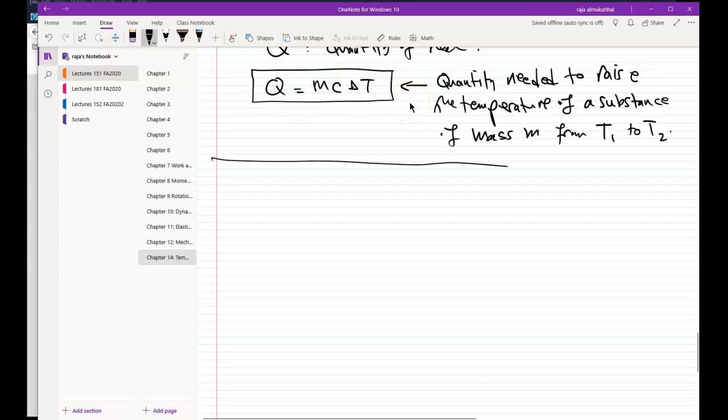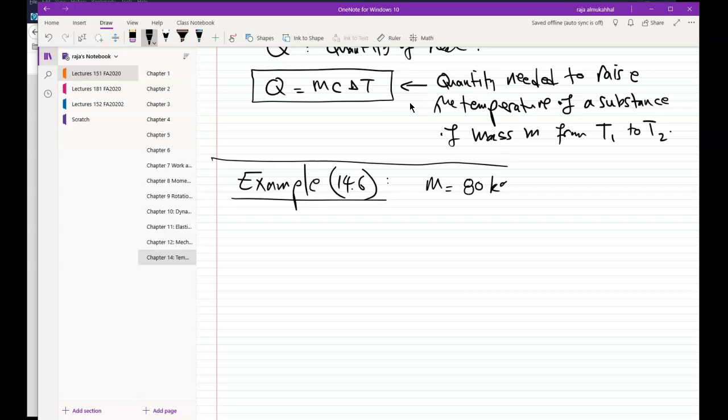So here we have example 14.6. We have an 80 kilogram man, so the mass here is 80 kilogram. And then his temperature had risen. Delta T is 2 degrees Celsius.